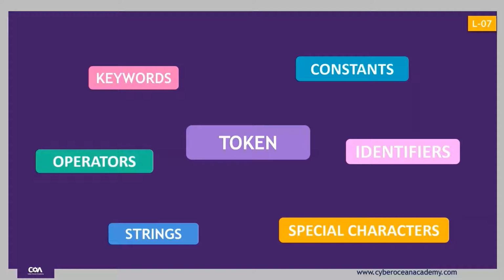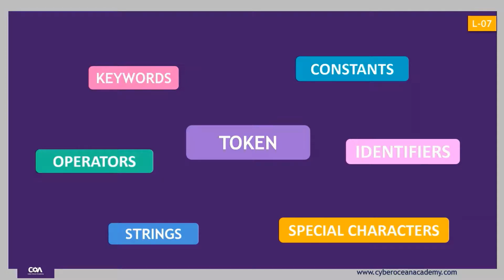Also, you have learned what a special character is, and here the other terms are operators, constants, and strings. Strings are basically a group of symbols. Suppose you connect some alphabets with digits and special characters, then it becomes a string.